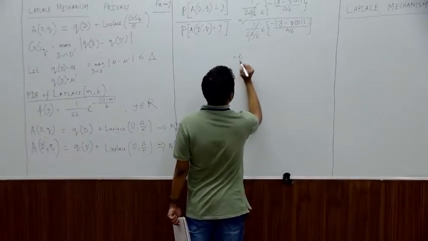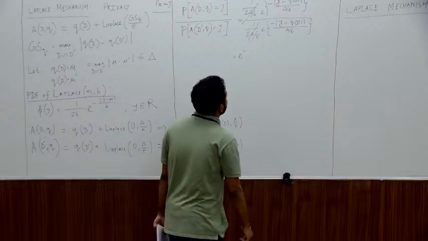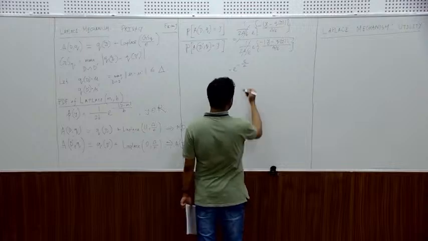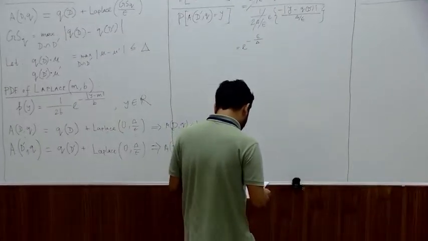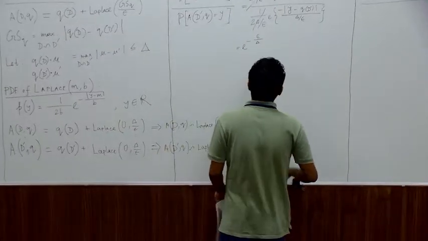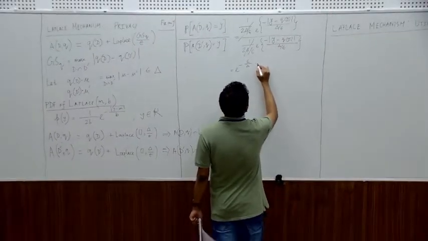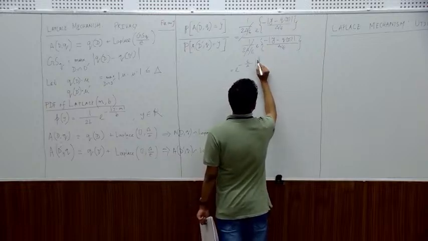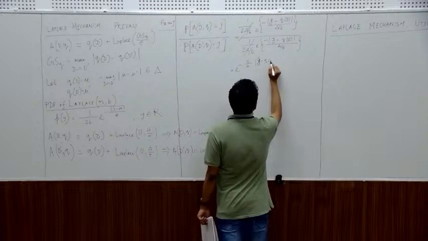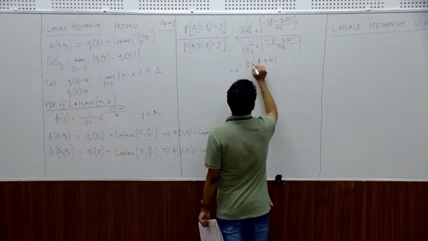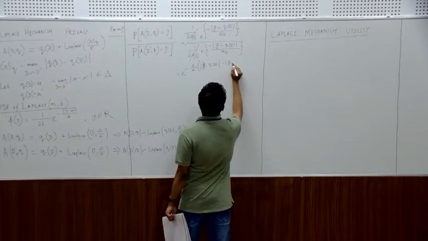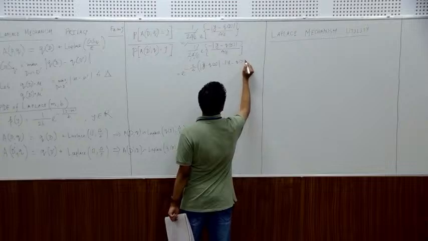So it will be e to the power minus epsilon by delta, times the absolute value of y minus q(d) minus the absolute value of y minus q(d dash).